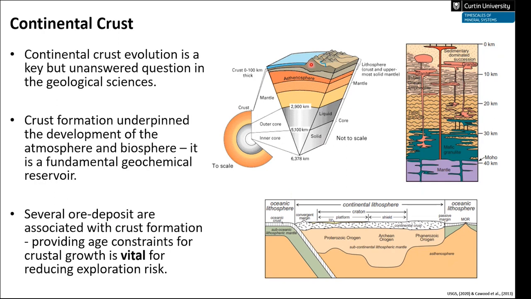The weathering of crust is intimately linked to the drawdown of carbon dioxide, and it's proven essential in regulating our climate and pulling us in and out of ice ages. And it creates this dynamic Earth we see today, where subduction recycles material in and out of the mantle. And the crust really is the essential geochemical reservoir.